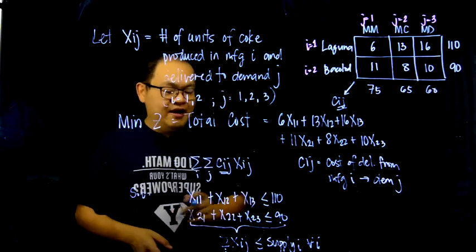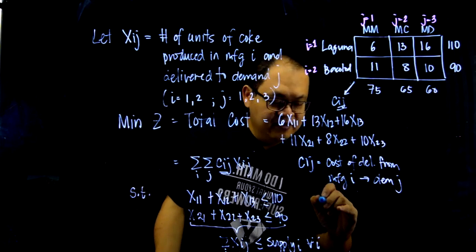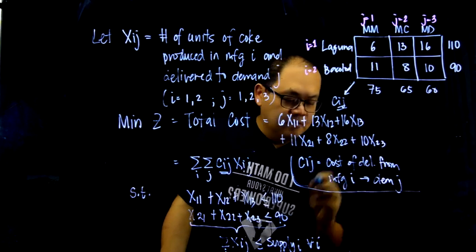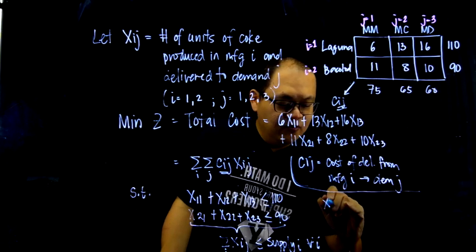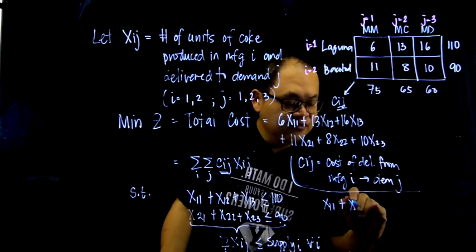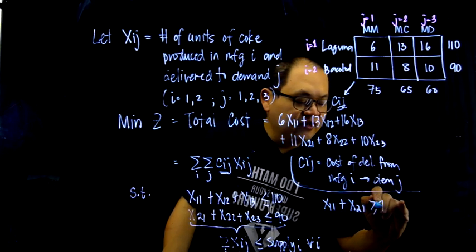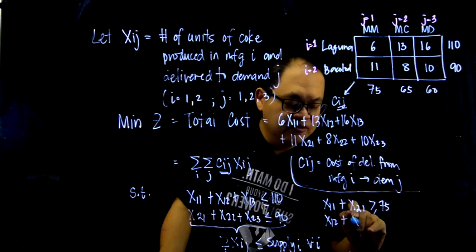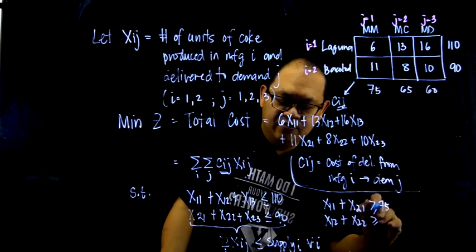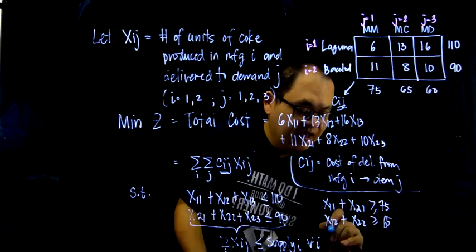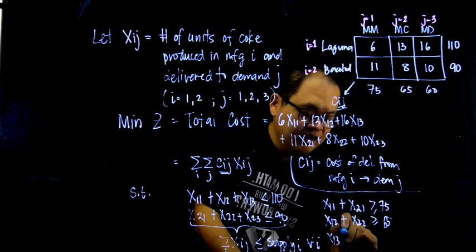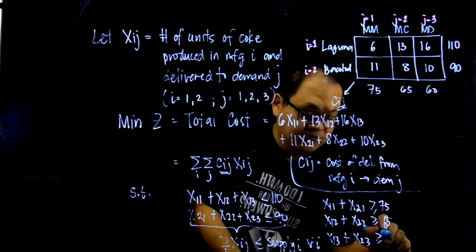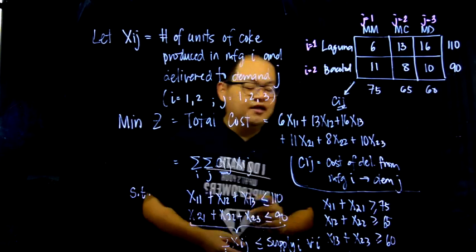Now, for your demand constraints, let me write them here. It should be X11 plus X21 greater than or equal to 75, X12 plus X22 greater than or equal to 65, and then finally X13 plus X23 greater than or equal to 60.